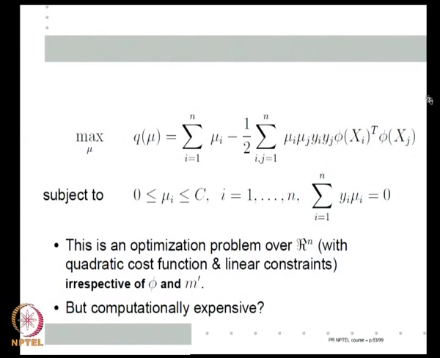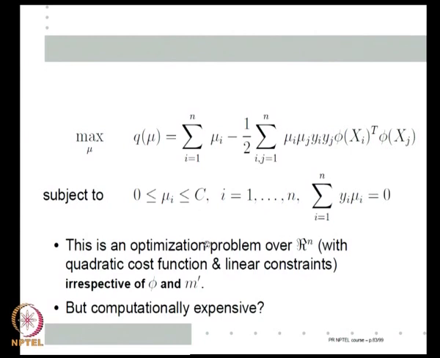So, I can find all the n square phi xi transpose phi xj one time and then use those constants here and solve this optimization problem. Of course, still it can be expensive because I have to first transform each of the x's through phi xi, phi might be a difficult transformation, and in that high dimensional space, maybe 10,000 or 1,000,000 dimensional space, I have to calculate the inner products. But I do it only once and then solve for mu.